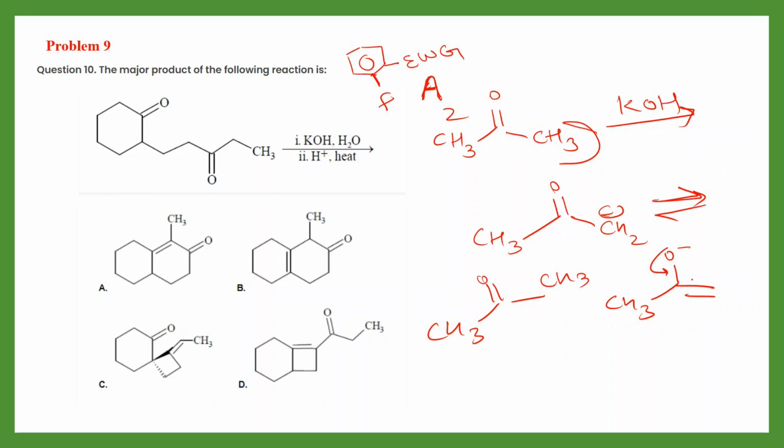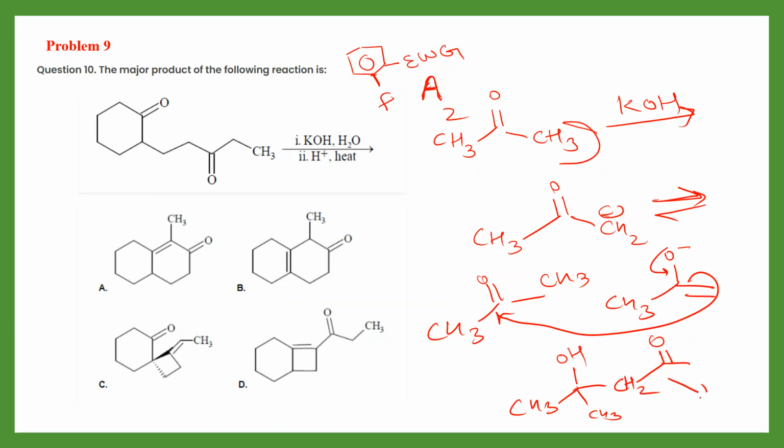This enolate will come and will attack this. Understood? And at last, under heating, H2O will leave, forming CH3, CH3, double bond CH2, CO, CH3. This was a quick recap of aldol reaction.